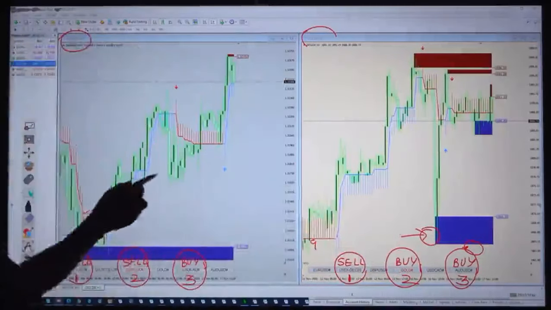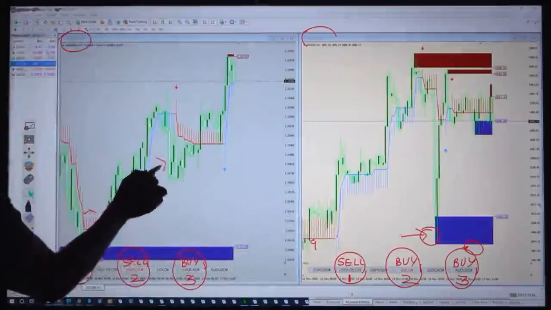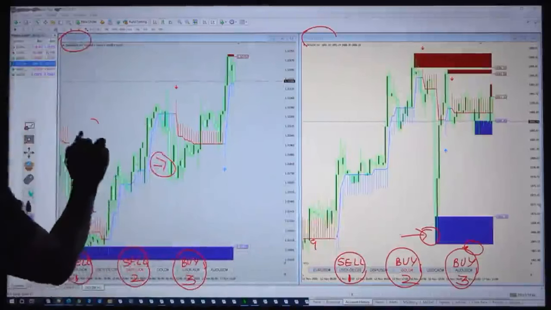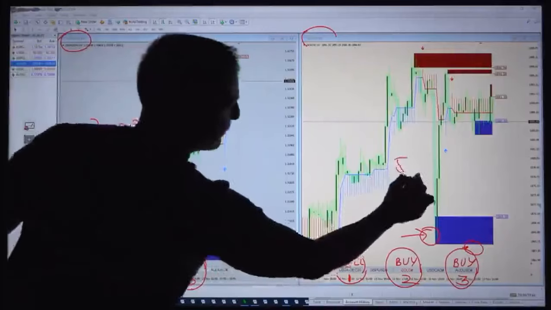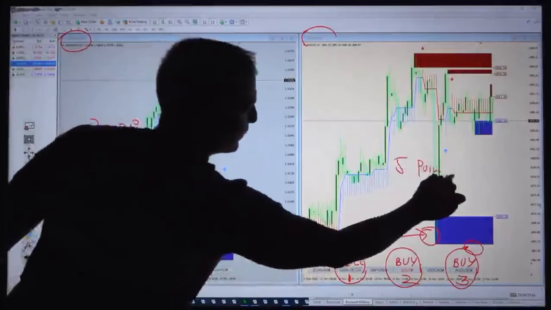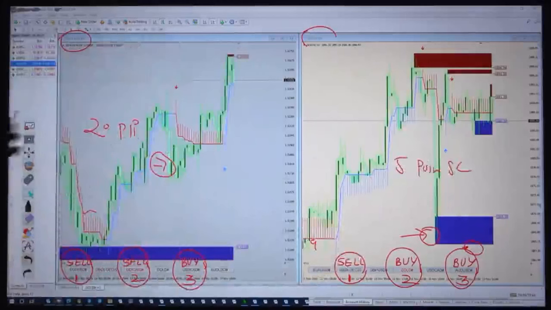From here our sell entry in GBP was somewhere here. Now 20 pip SL here, and 5 point SL here. So here 20 pips of SL, here 5 points of SL.